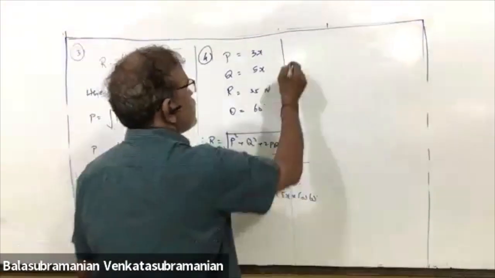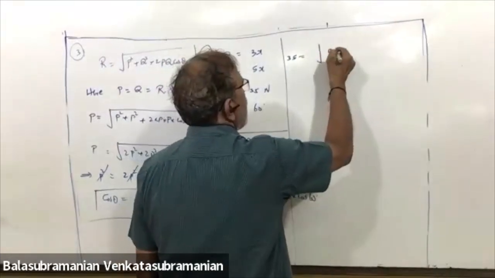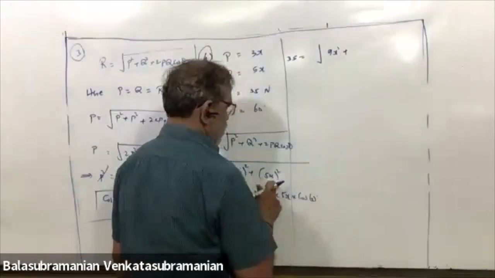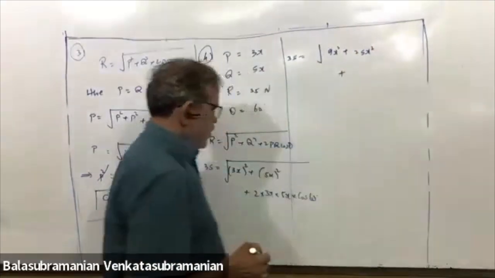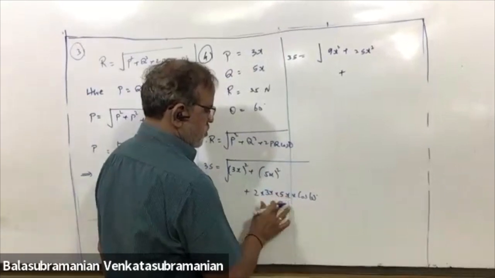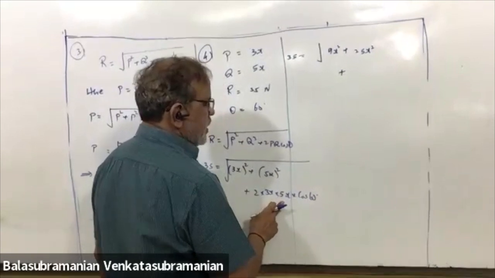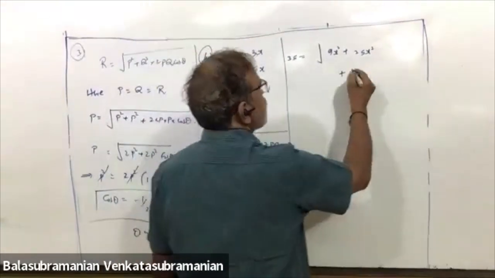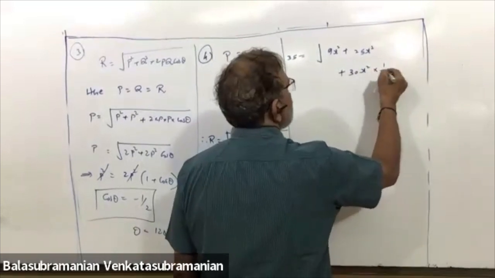So 35 is equal to root of 9x square plus 25x square plus 2 into 3x into 5x cos 60, that is 30x square, and cos 60 means half.